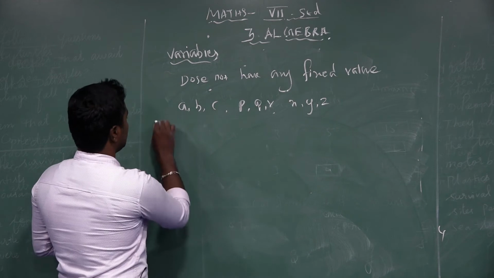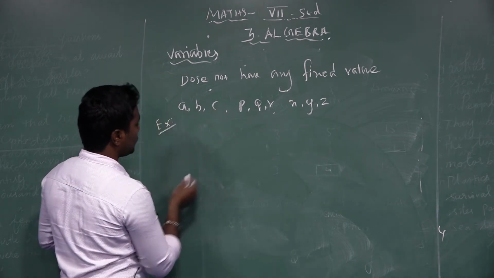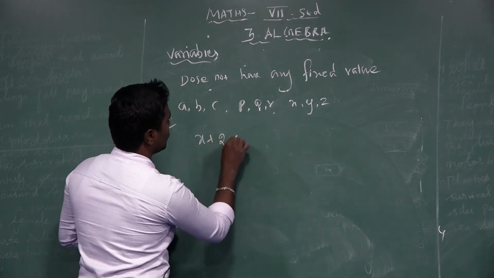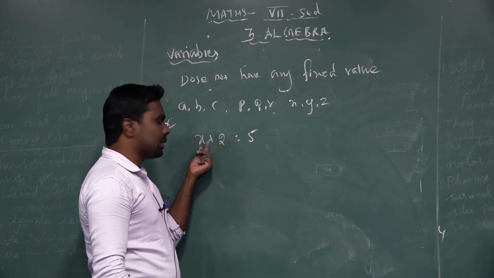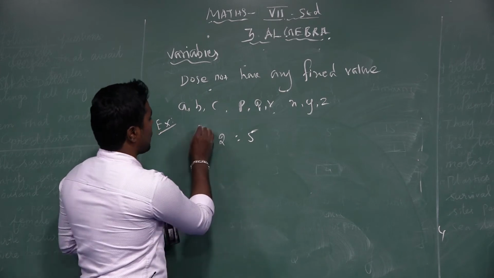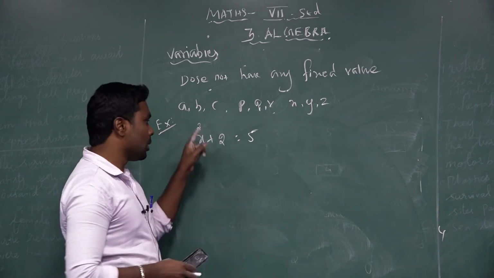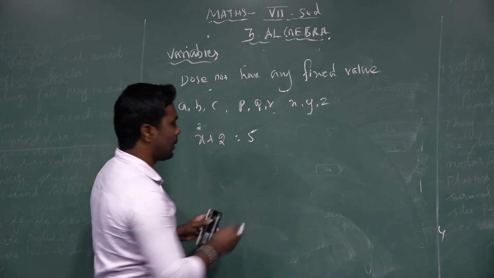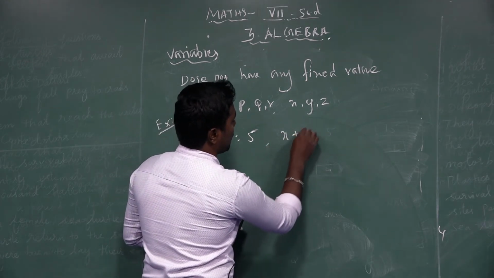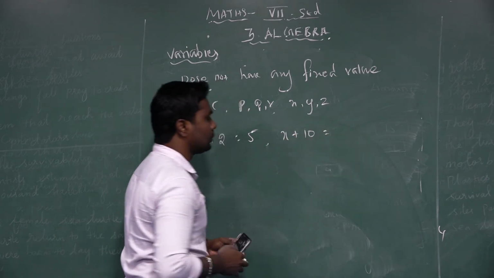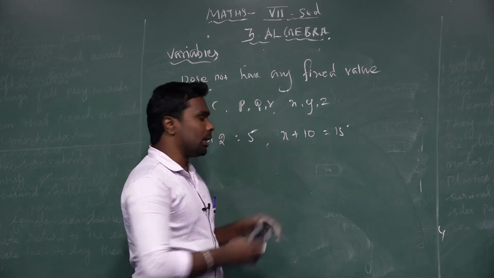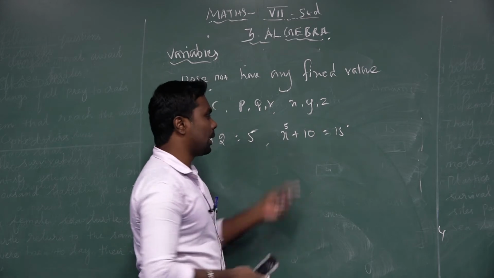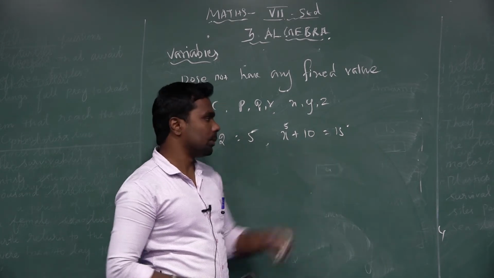For example, x plus 2 equal to 5. Here x takes the value 3. So 3 plus 2 equal to 5. And the next example, x plus 10 equal to 15. Here x takes the value 5, and 5 added to 10 gets the number 15.